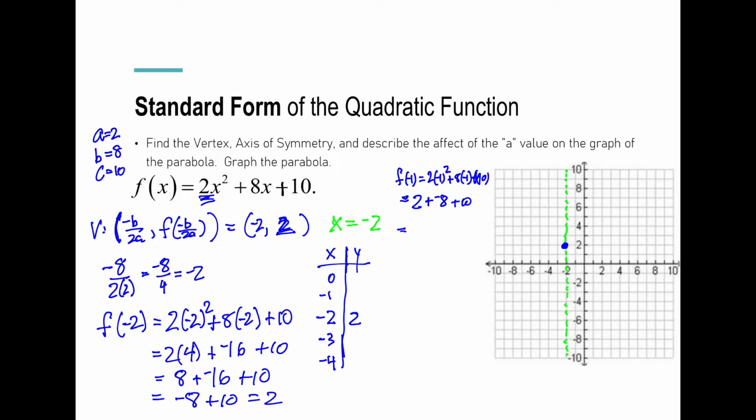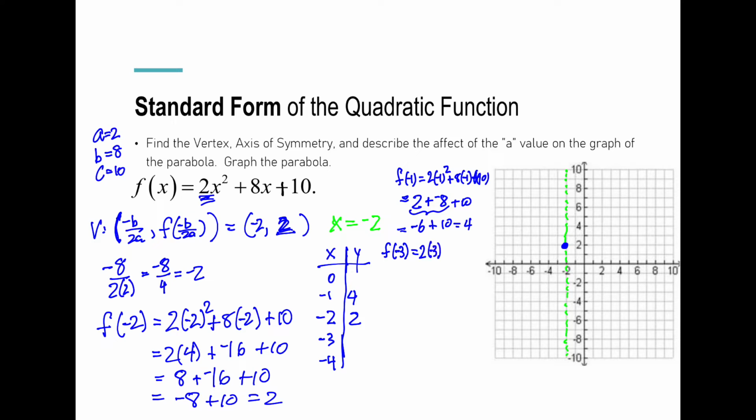So 2 plus negative 8 is negative 6, and negative 6 plus 10 is 4. So negative 1 will be 4, and I'm assuming negative 3 will be 4, but I'm going to double check just to make sure. If I get that pattern, that gives me confidence that I'm in the right spot here.